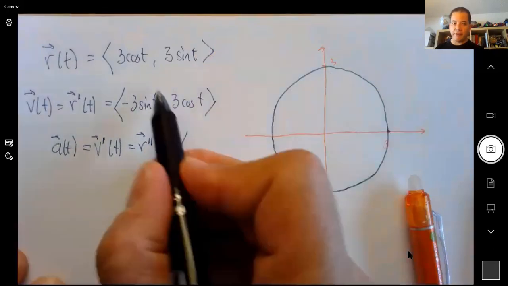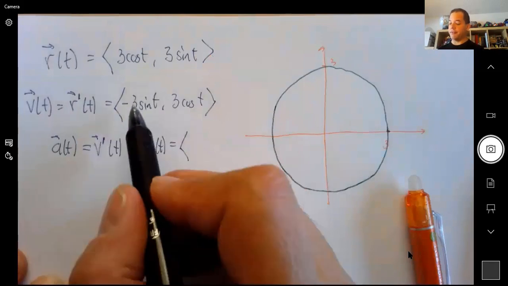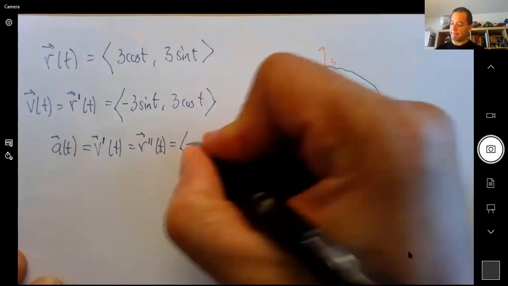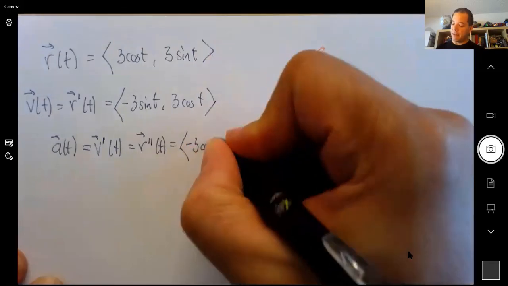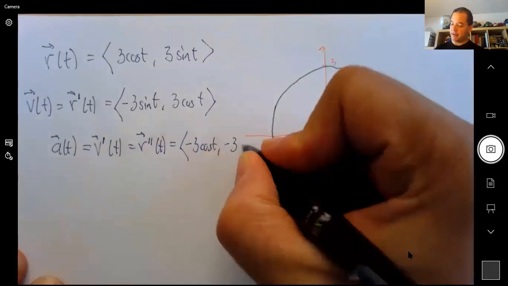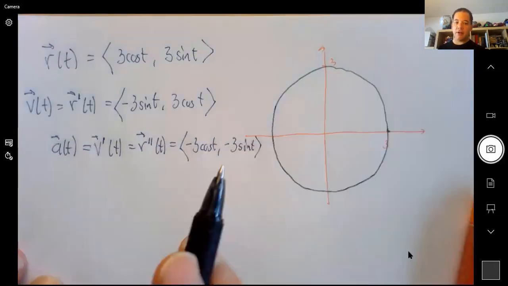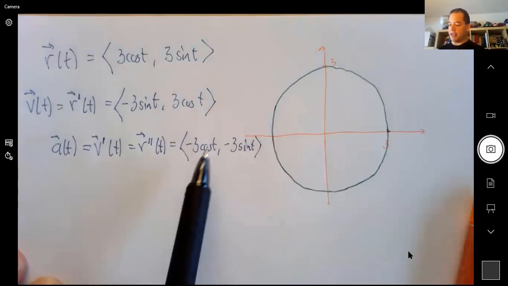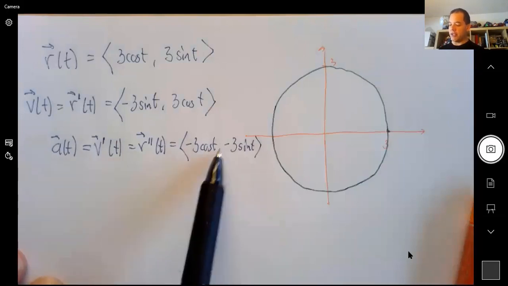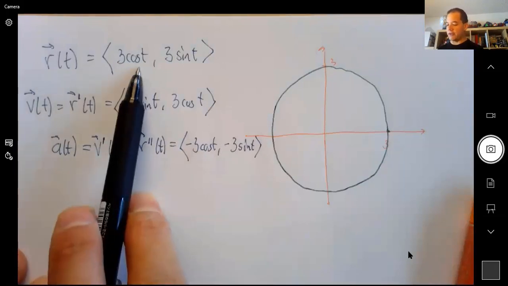So now we take the derivative of this one over here, right? So it was going to be the derivative of negative sine, which is negative cosine, and then the derivative of 3 cosine, which is negative 3 sine, right? Notice how this one we can visualize rather easily because the acceleration happened to be the negative of the original one. So that's super easy now to sketch.